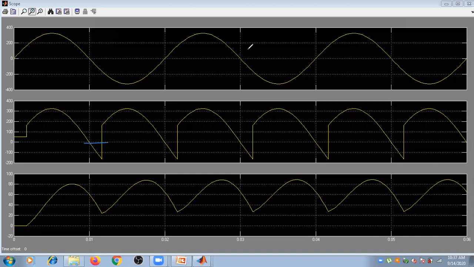You can see the negative peak and its magnitude, around minus 200 volts. This is because of the higher value of inductance. If you increase the inductance value, then the negative peak magnitude or the negative peak region will be more. That negative peak is due to the inductor.